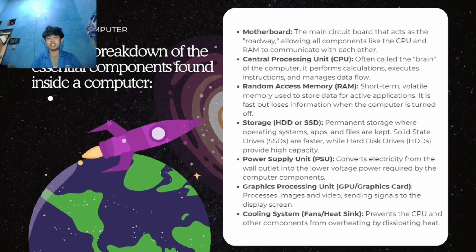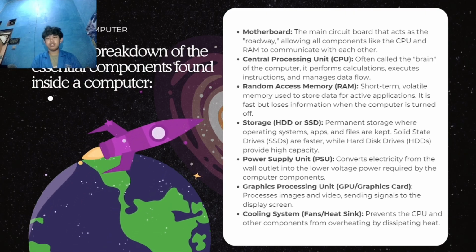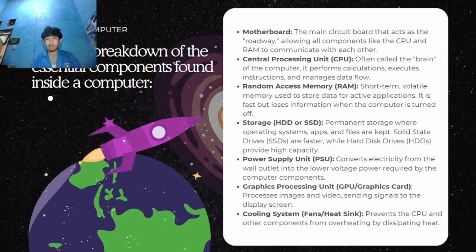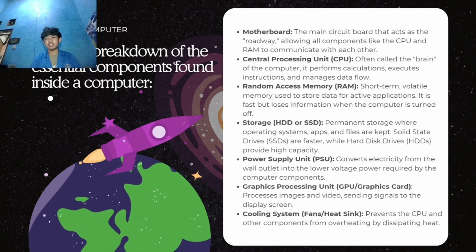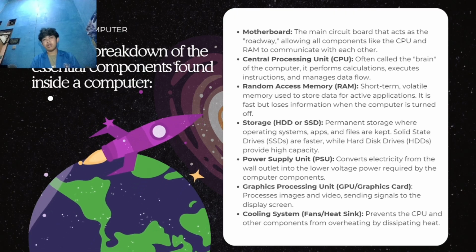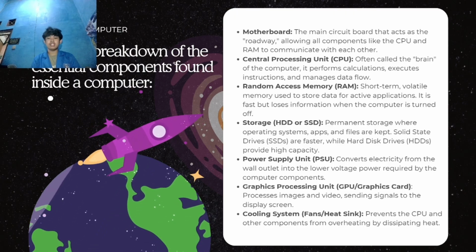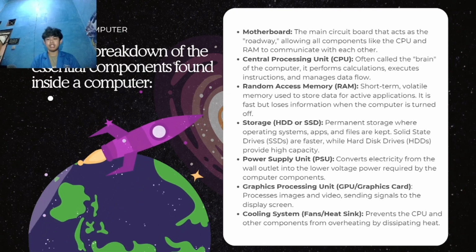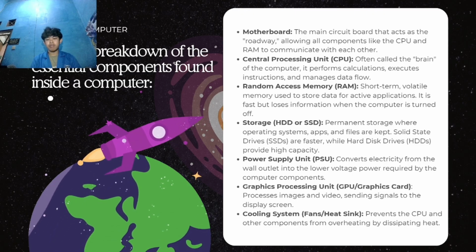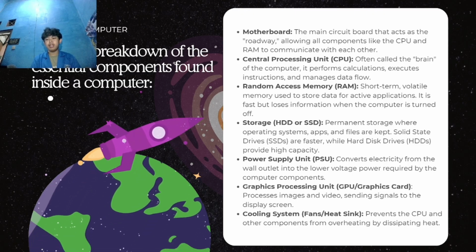The number 6 is graphics processing unit, GPU or graphic card. Process image and video, sending signal to the display screen. And the last one or number 7 is cooling system, fans or heatsinks. Prevents the CPU and other components from overheating by dissipating heat.